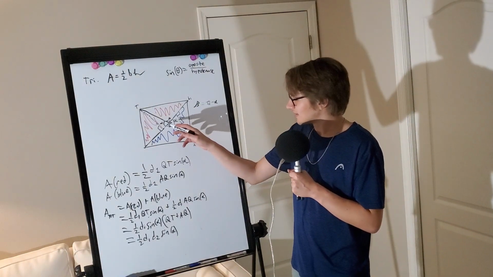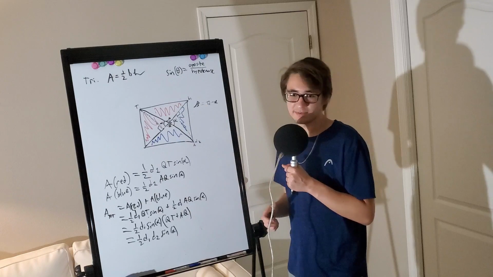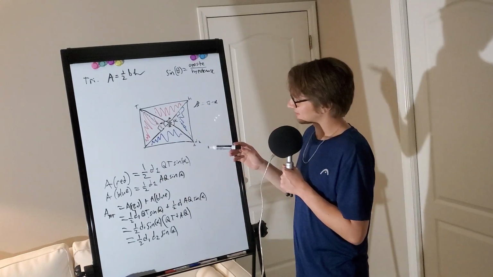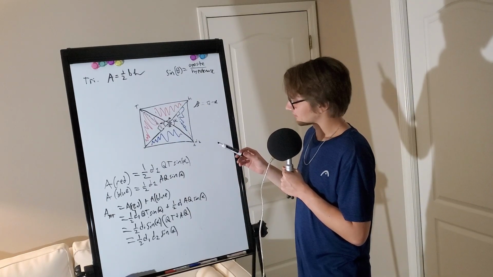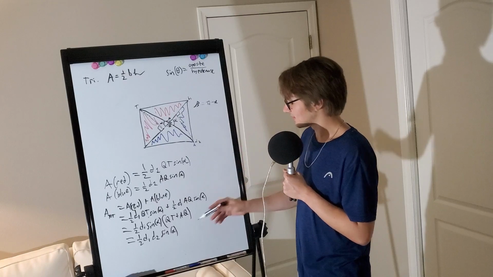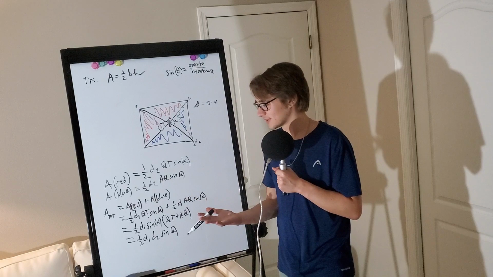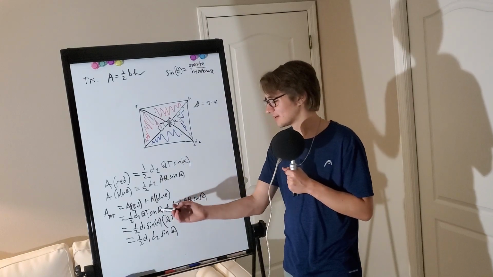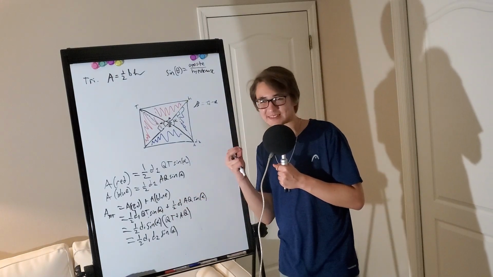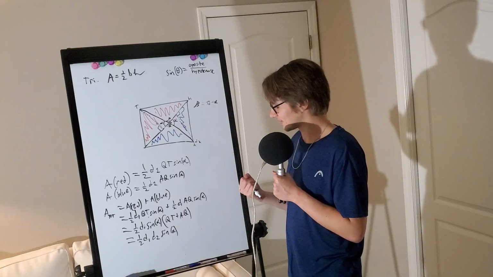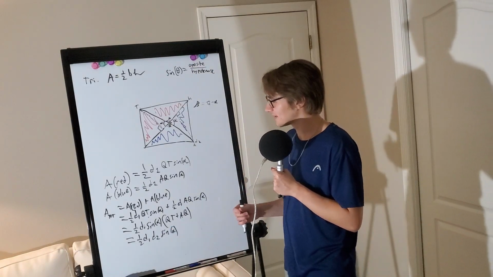If alpha is a right angle, measure pi halves, then the way this works, actually this still works out to be the same. It just so happens that sine of pi halves is 1, so you would be able to make this a bit more of a succinct equation right here.